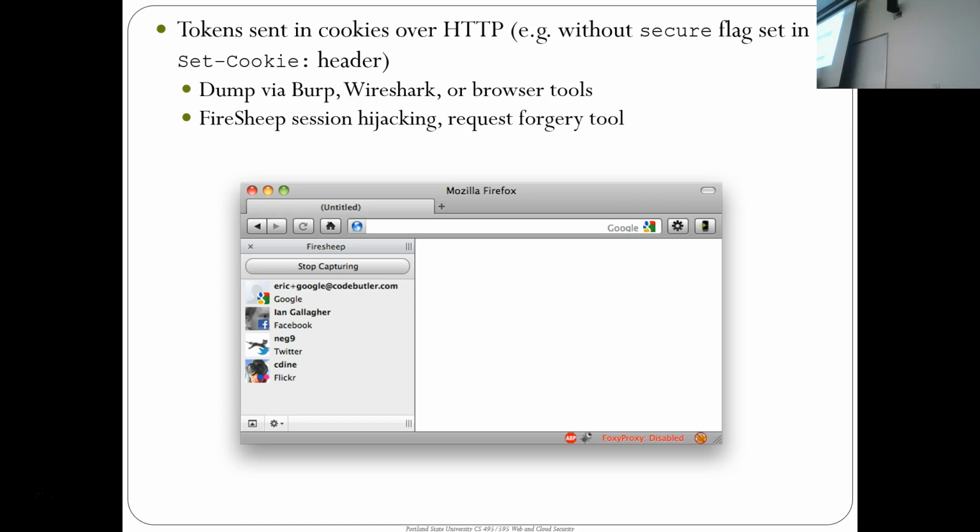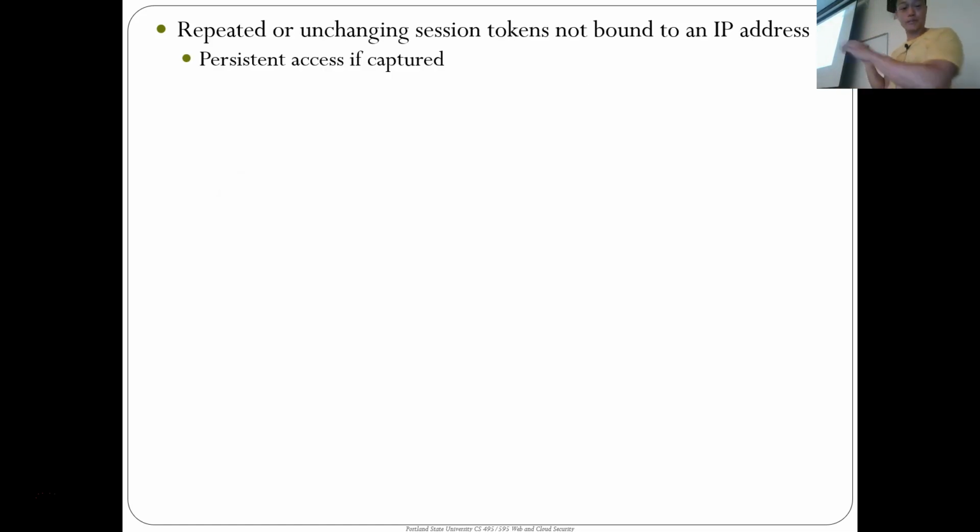Fortunately, most social media sites have the secure flag set on their cookies, and you can't hijack someone's session cookie. So this picture doesn't work anymore, but that's what used to happen.